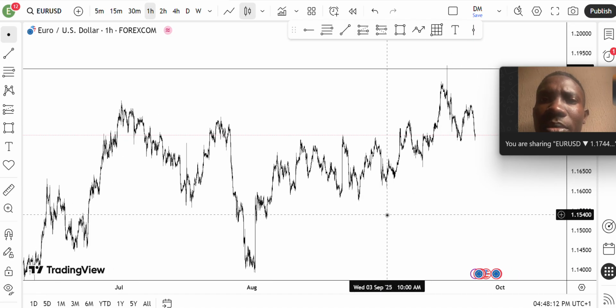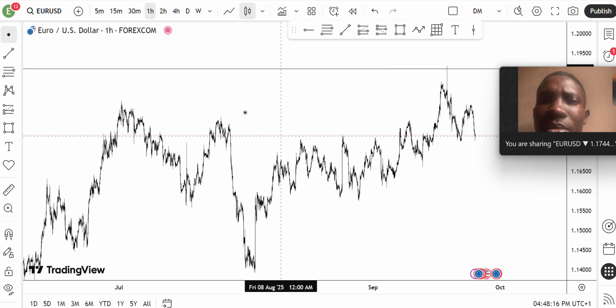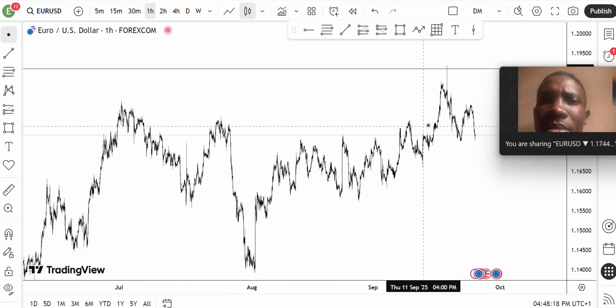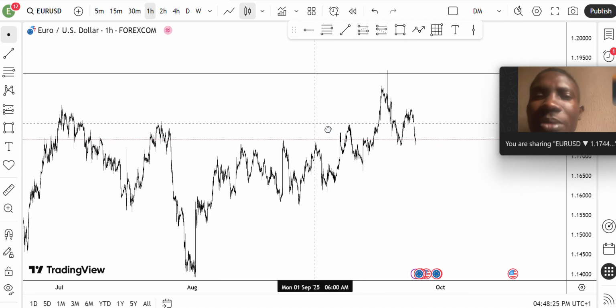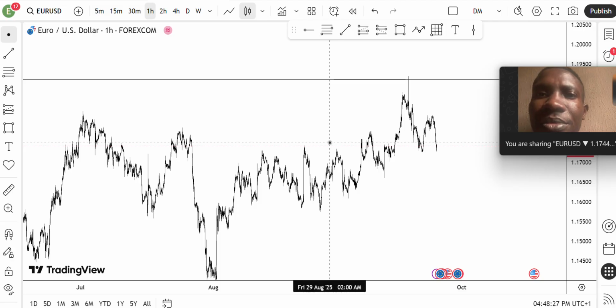So at that time, you are able to understand fully what supply is and what demand is. Those other blocks and breaker blocks are areas of secondary demand.